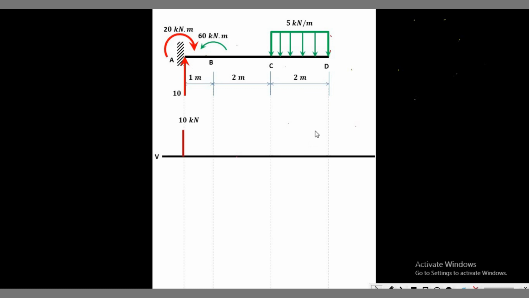So positive 10, from A to B walang load, so diretso lang din. B to C walang load. Then C to D, meron tayong 5 kilonewton per meter.